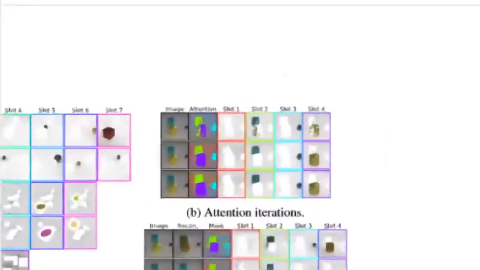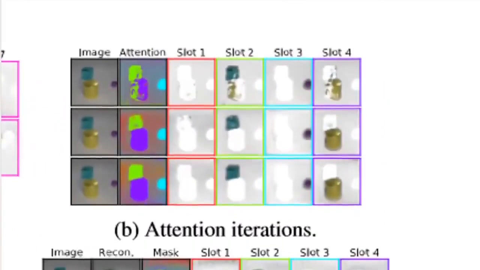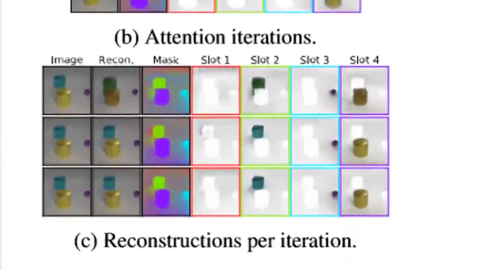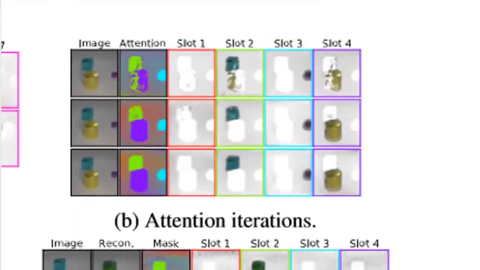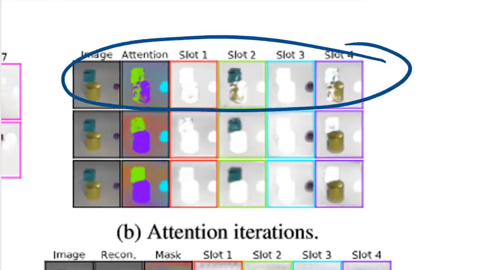And you'll see in the investigations into what happens, exactly this type of thing happening. So if we skip ahead to the experiments where they show what happens through the iterations, you can see this right here. The attention maps of these slots: after the first step, slot 2 is assigned kind of both of these objects.